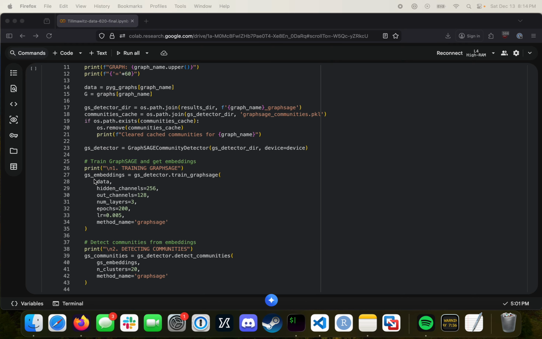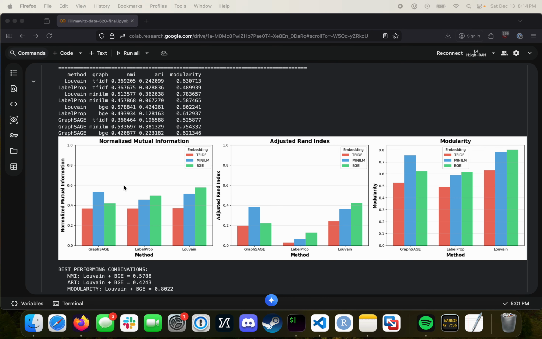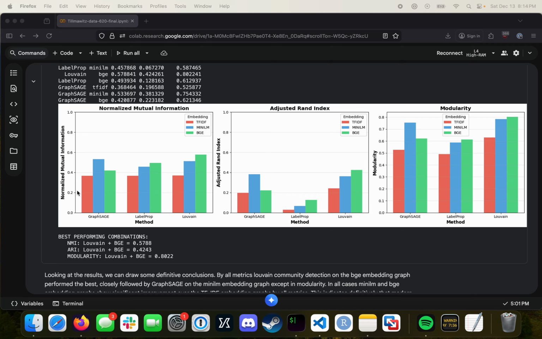So looking at the results, we see right away definitively the best performing combination of community detection and graph representation is the Louvain method on the BGE embeddings, and that is true across the board on all metrics.